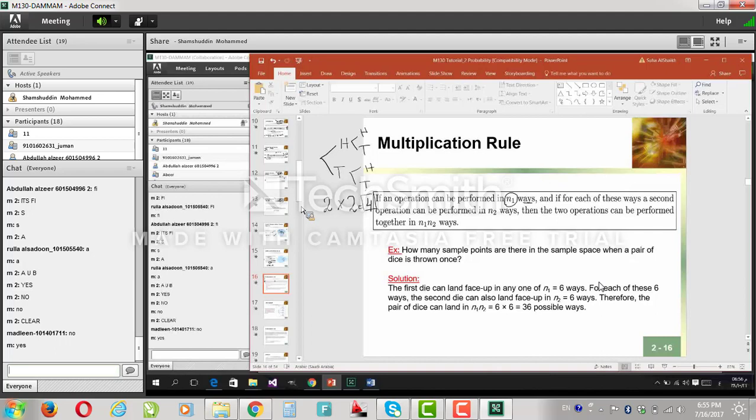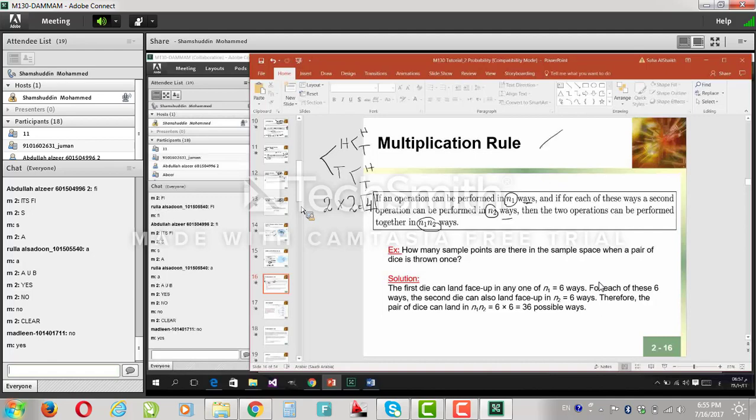If an operation can be performed in one way, and for each of these ways a second operation can be performed in another way, then the 2 operations together can be performed in the product of those ways.